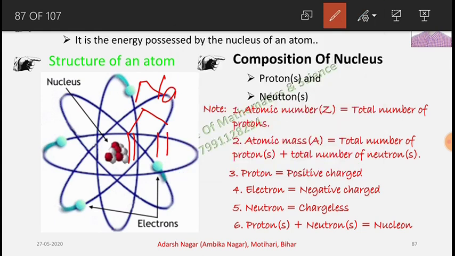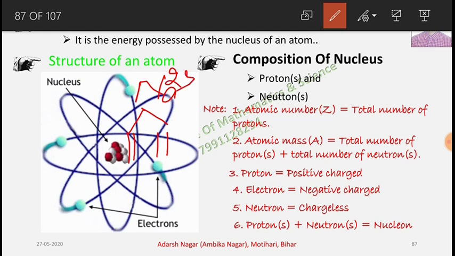Okay. Now the second note, that is the mass number, denoted by A, which is equal to the total number of protons plus the total number of neutrons. So the mass number of sodium is 23.